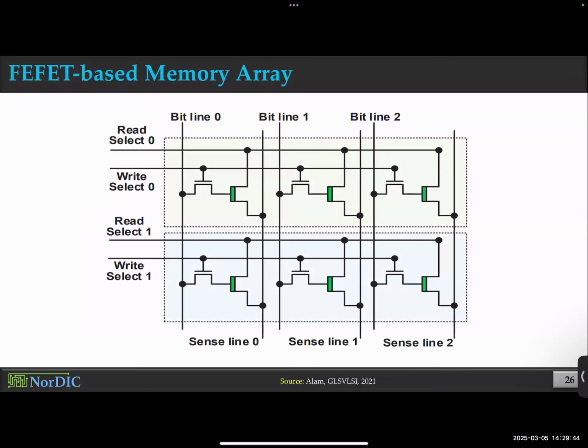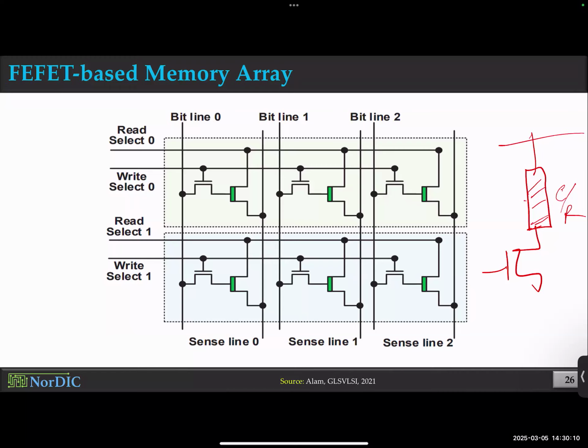Let's move to the array level scenario. This is how the array looks. It's not unusual, but it's a little bit of a newer flavor. Why do you think? Because all the other memories you have seen, like STT-MRAM, for example, or DRAM, had a transistor, and in series with the transistor, you had something, either a capacitor or a resistor. It was always 1T 1R or 1C 1R.